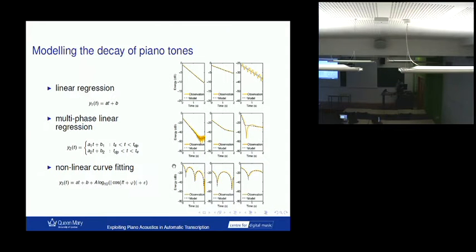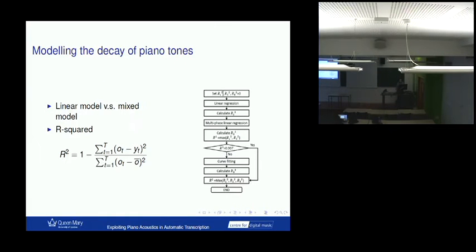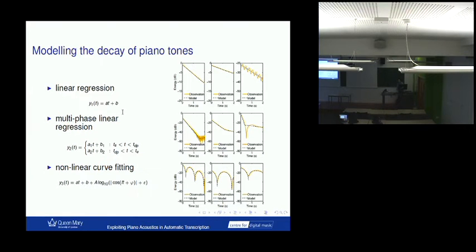Here are some examples of how they fit. After we fit all the partials, we compare the linear model and the mixed model. The linear model is where we track each partial by linear regression.